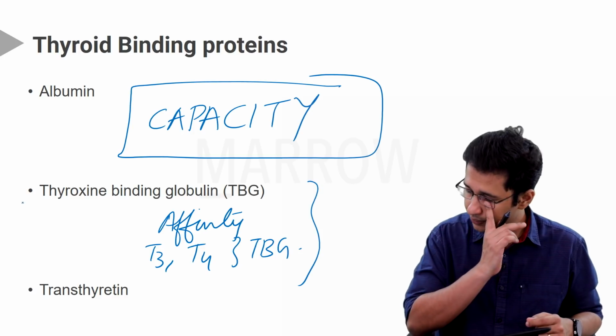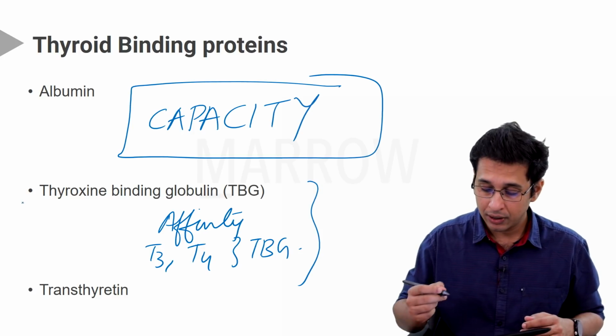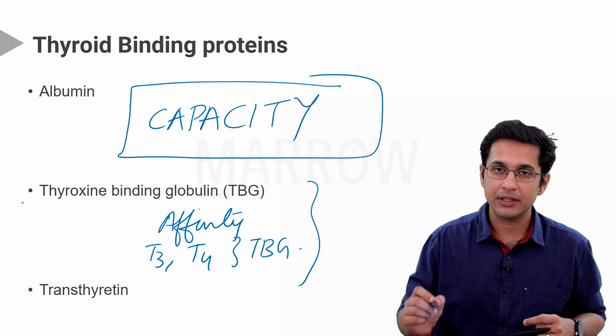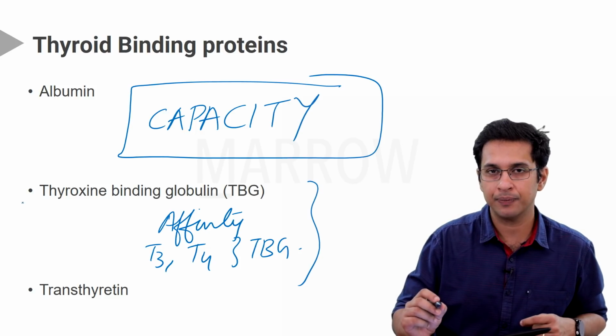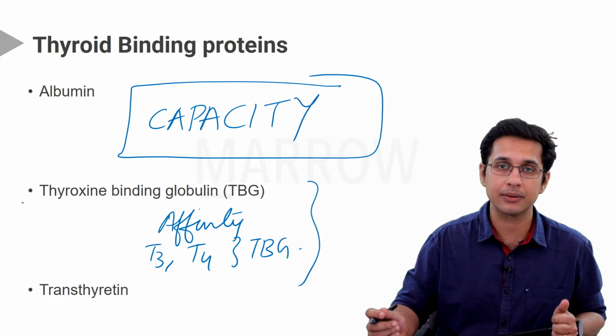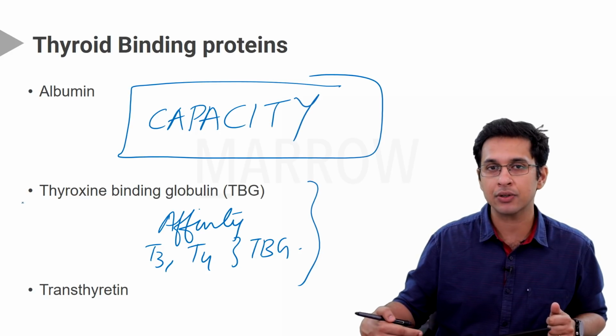Now there are scenarios, repeatedly asked. TBG excess. There are scenarios where there is decreased TBG. TBG excess occurs in pregnancy and estrogenic states, for example, estrogen containing OCPs. When there is high estrogen or when there is pregnancy, TBG excess happens.